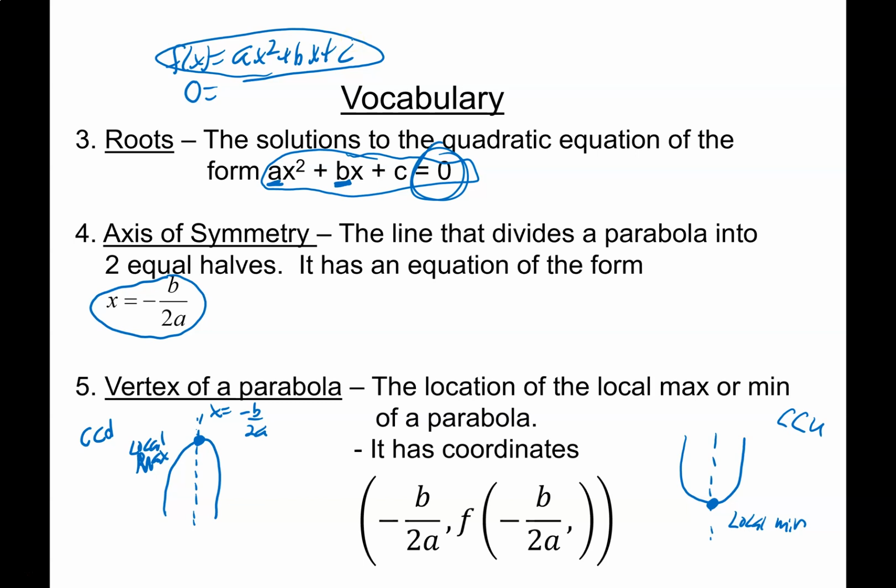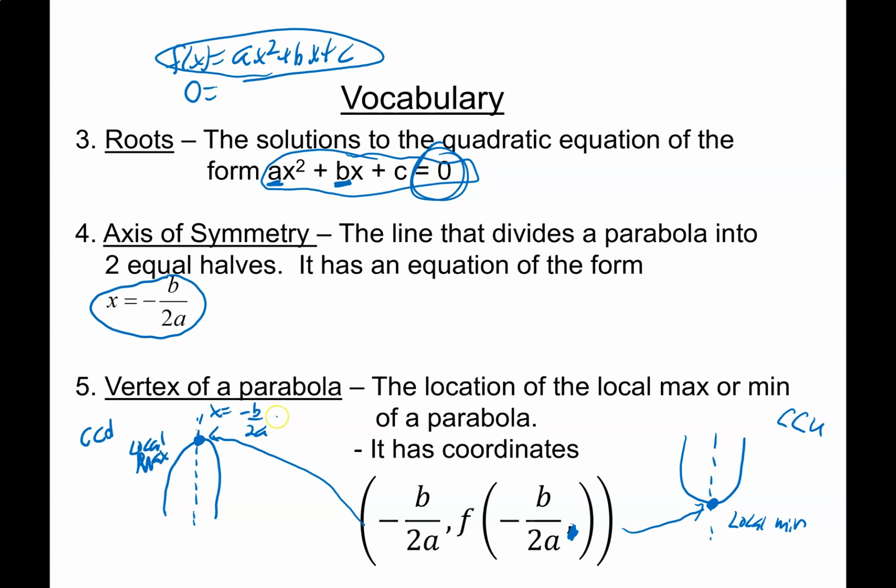Regardless of which you have, whether it's concave up or concave down, I'm here to tell you the coordinate of that vertex point will be of the form negative b over 2a for x, and f of negative b over 2a for y.